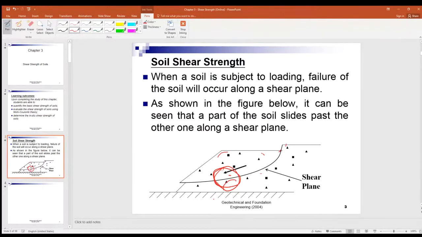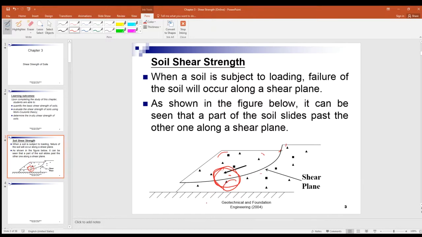It could be a circular plane, not a linear plane. It's a circular plane or even of some particular shape. So the geotechnical engineer or the soil engineer is investigating what the strength of the soil is along this failure plane.